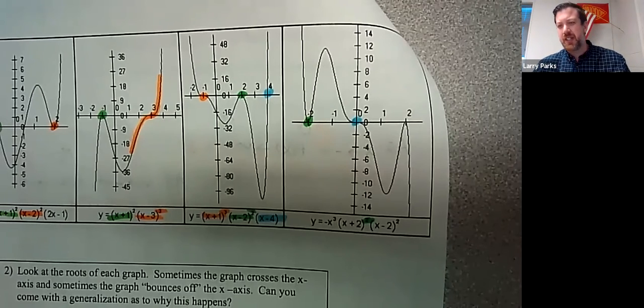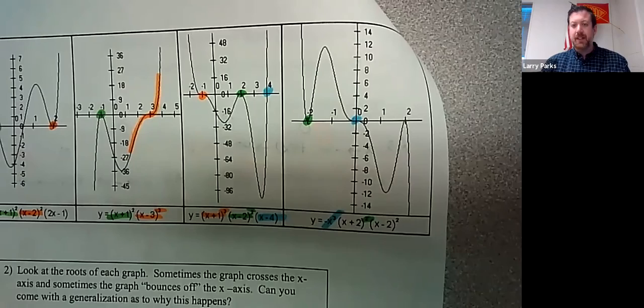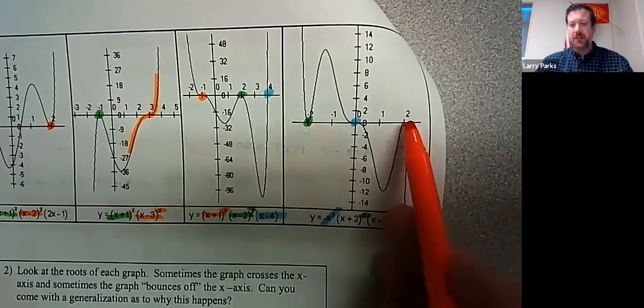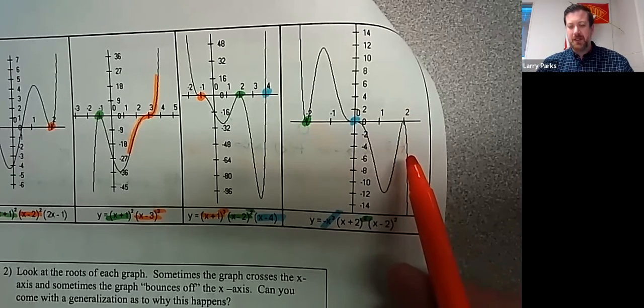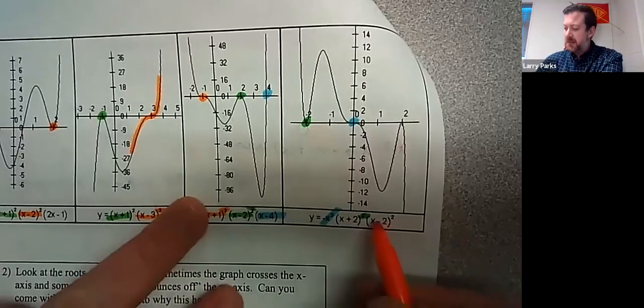Anytime 0 is a solution, that's just x. So that'd be x to the 3rd, or x to the 5th, or x to the 7th. That's what this part comes from. And then I would say that 2 is a solution and it's a bounce, so it's going to be x minus 2 with an even multiplicity.